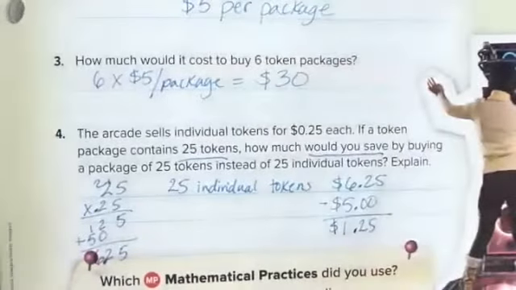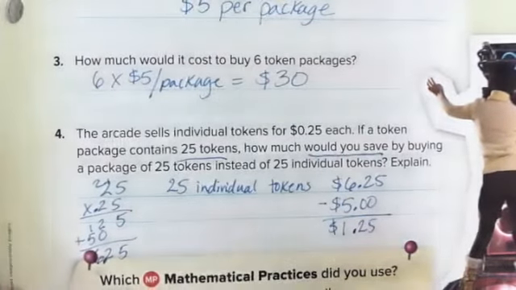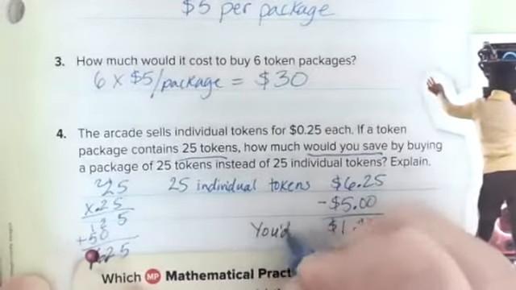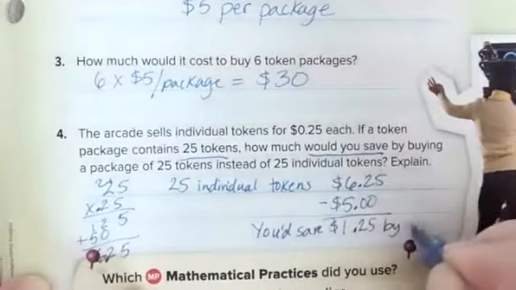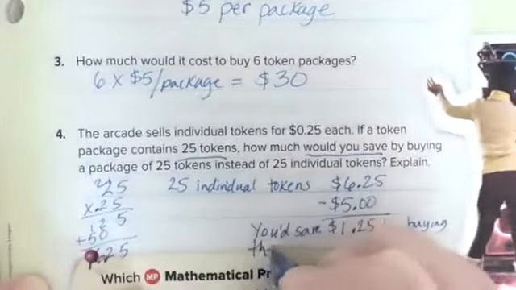So we save $1.25 by buying a package instead of individual tokens. So you would save $1.25 by buying the package.